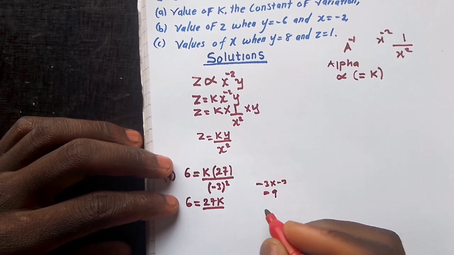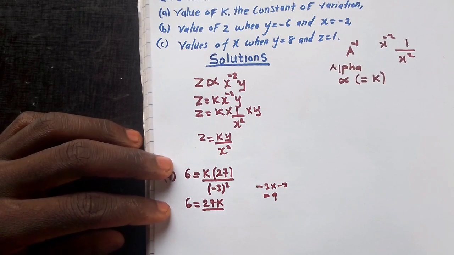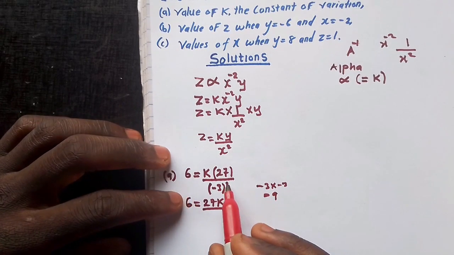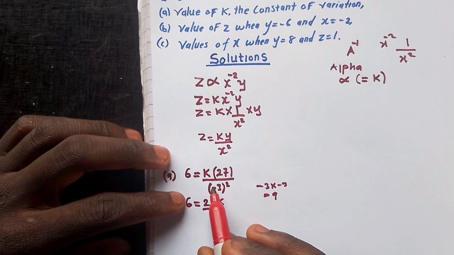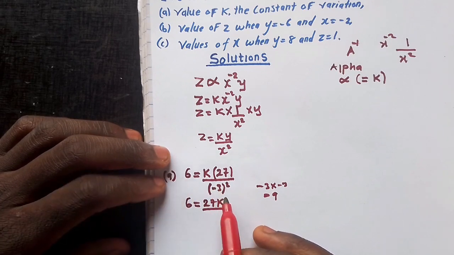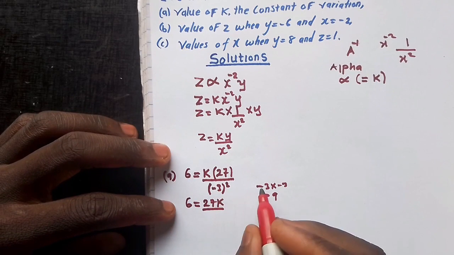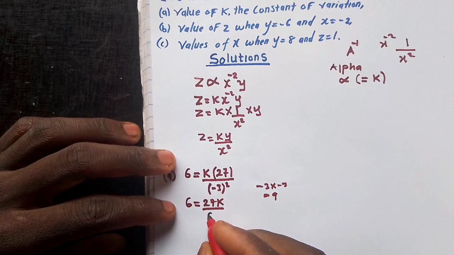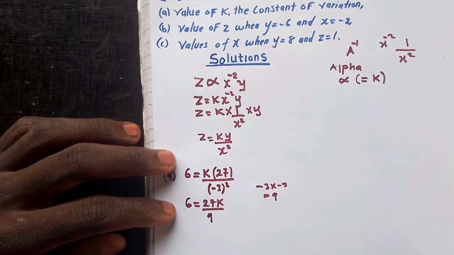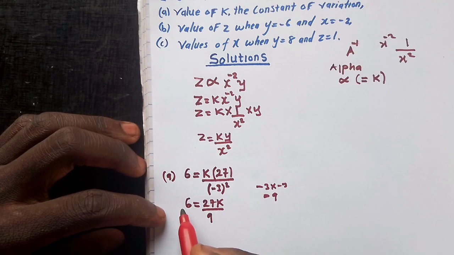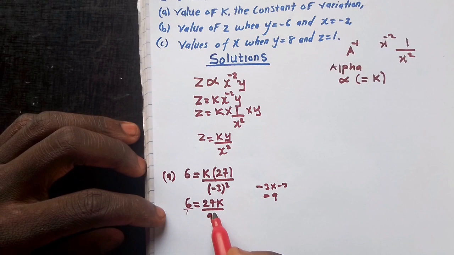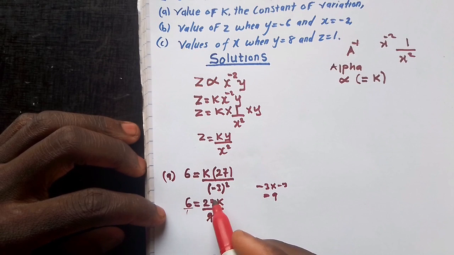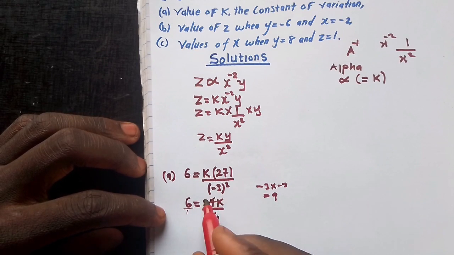Then here we are going to get positive 9. So negative 3 multiplied by negative 3, I'm going to get positive 9. Then from there, don't balance it by saying divided by 1. No. Just say 9 into 9, I'm going to get 1. The 9 into 27, I'm going to get what?